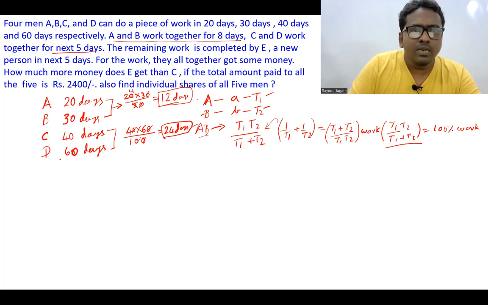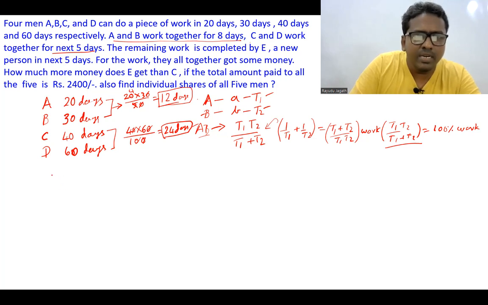Now directly we can work out on this. A and B together can finish the work in 12 days, means in one day they can do 1 by 12. This is CD, this is E, afterwards it will come. So AB work together for 8 days. So the one day work of AB is 1 by 12th part of the work.